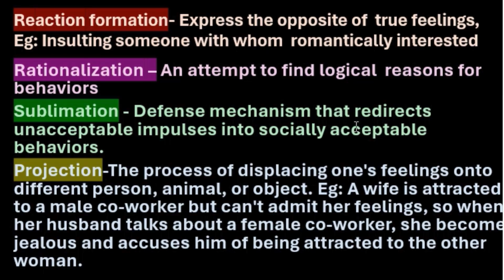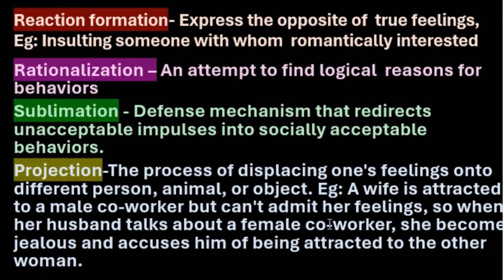So this is rationalization. Sublimation is a defense mechanism that redirects unacceptable impulses to socially acceptable behavior. For example, a short-tempered, angry man will perform well in sports to channel his unacceptable behavior into an acceptable form. Projection is the process of displacing one's feeling onto a different person, animal or object.